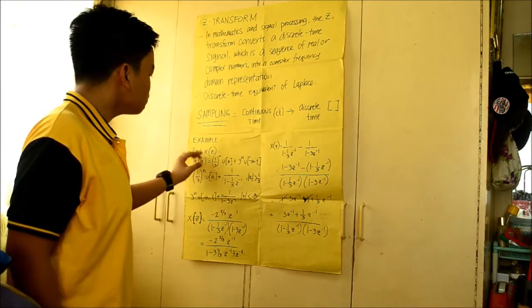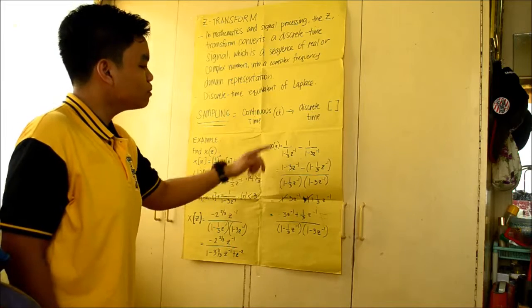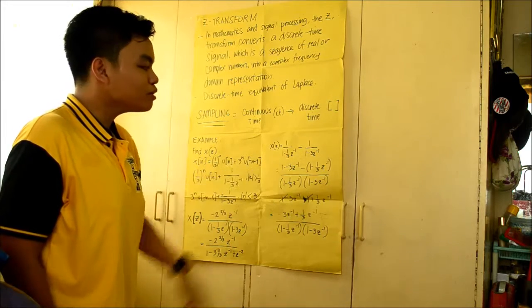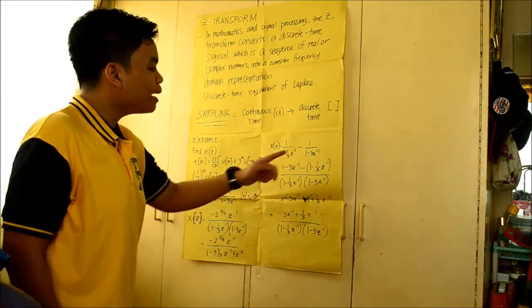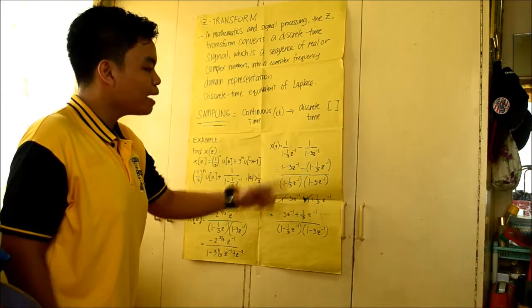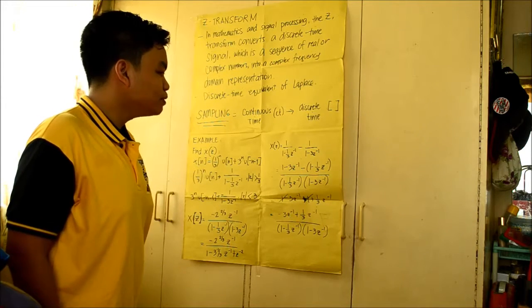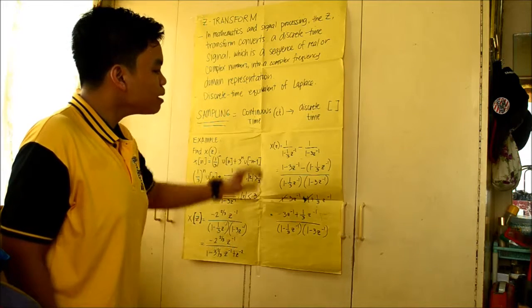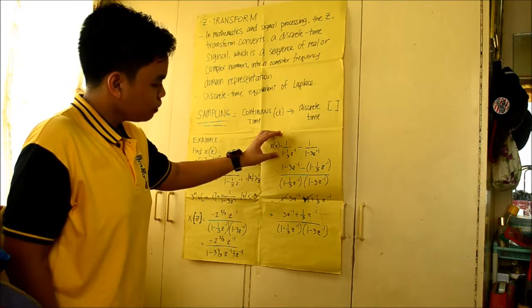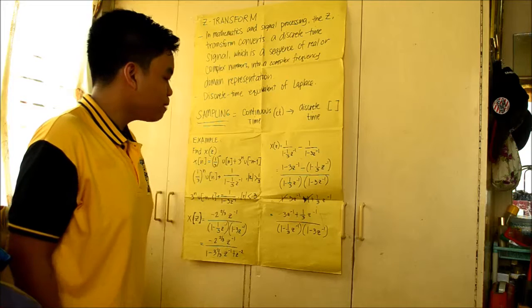Next, X of z is equal to, we will follow this sequence. 1 over 1 minus 1/3 z to the negative 1 minus 1 over 1 minus 3z to the negative 1. Then we will simplify this equation.